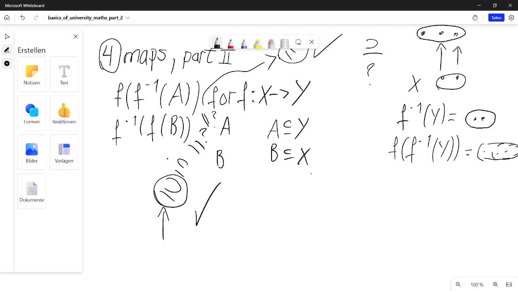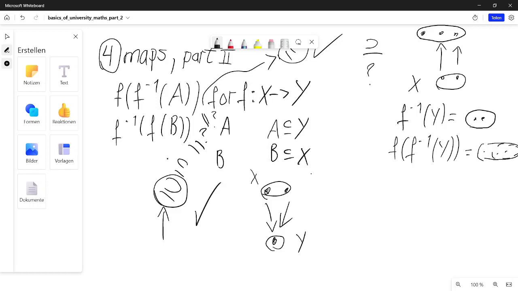And another one is indeed not true, because we could just consider something. We always went to the top, so let's go to the bottom maybe. We just consider, and this is of course if that is mapped, and that is x, and that is, let's say, y. And then we consider just this b.